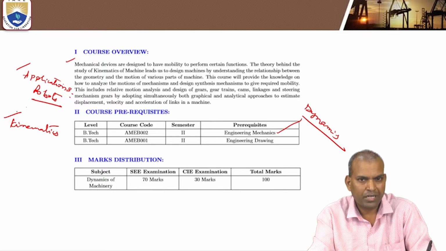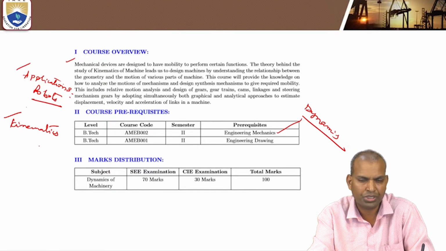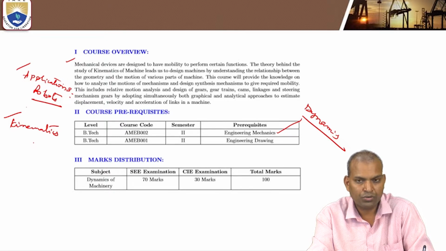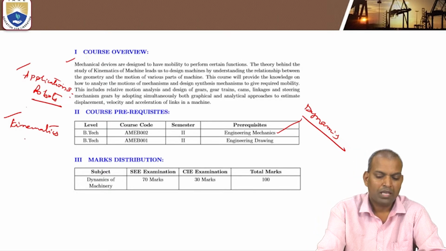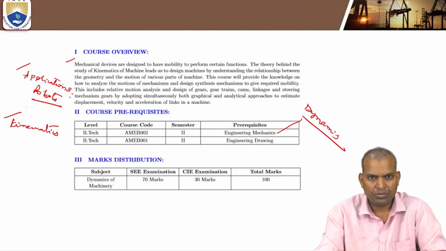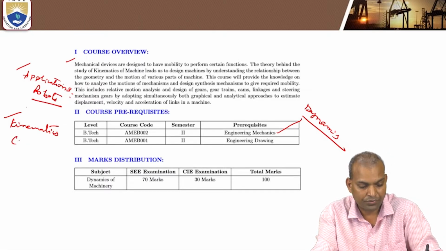The fundamentals of kinematics are highly useful in order to understand the subject, kinematics of machines, especially velocity and acceleration, the introduction to kinematics. And engineering drawing is useful to draw the configuration diagrams.